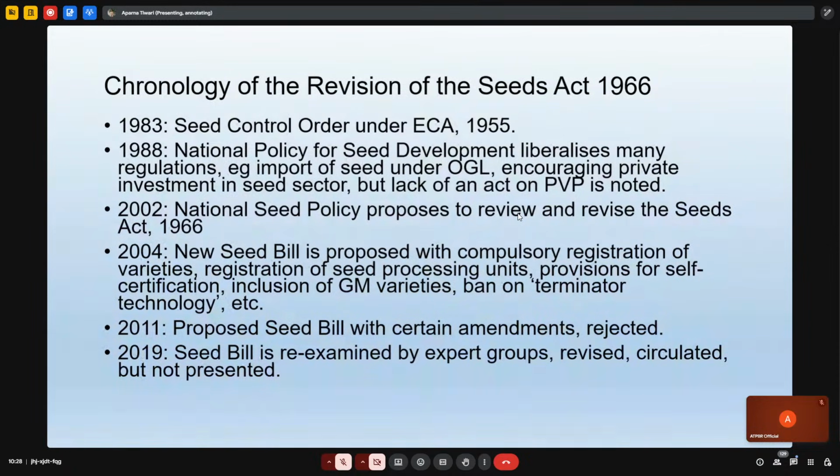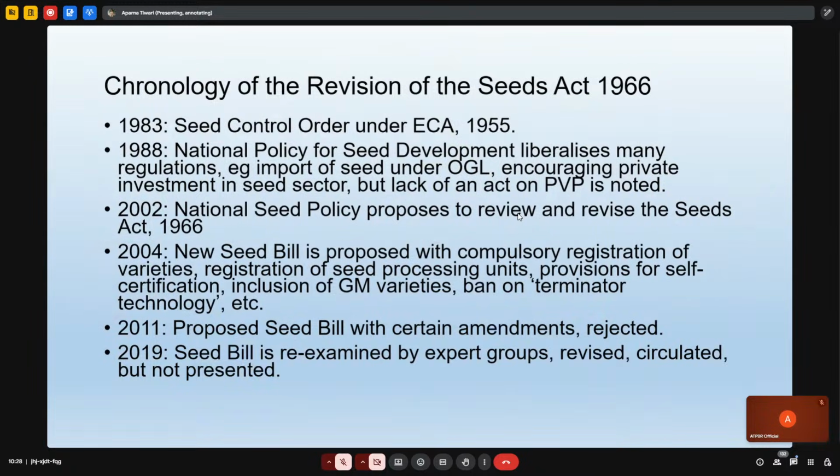It included GM varieties, because by that time the commercial cultivation of Bt cotton was already allowed, and a ban on terminator technologies. These were some of the major points of the New Seed Bill proposed in 2004. And in 2011, several amendments were brought in and it was again submitted, but it was rejected.